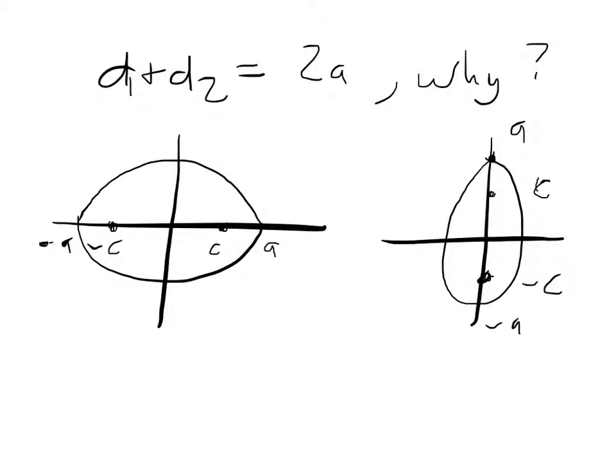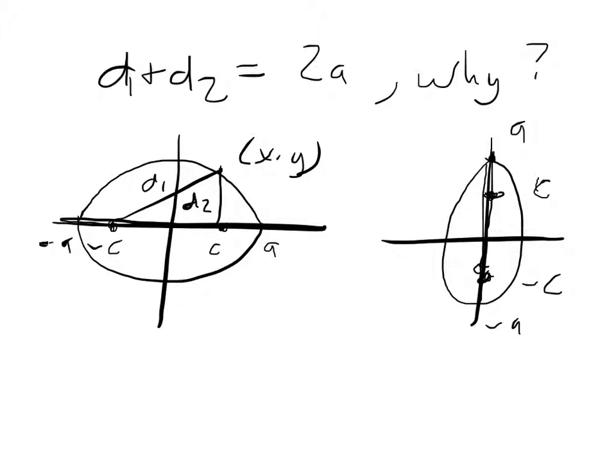My question is, why does that constant distance, and remember, you're picking some random point x, y such that distance d1 plus distance d2 is a constant, why is it that that distance has to be twice the length of, or actually it turns out to be, the length of your major axis? I'd like to take a minute and have you appreciate why that's true.